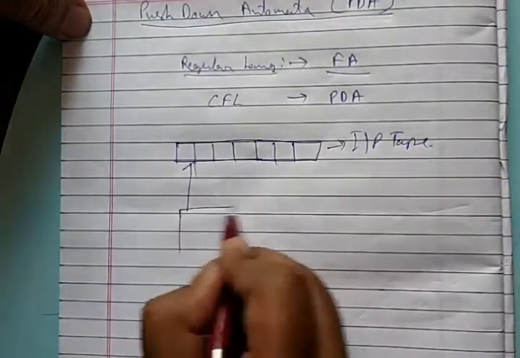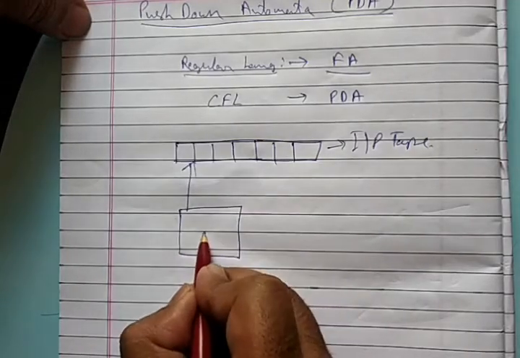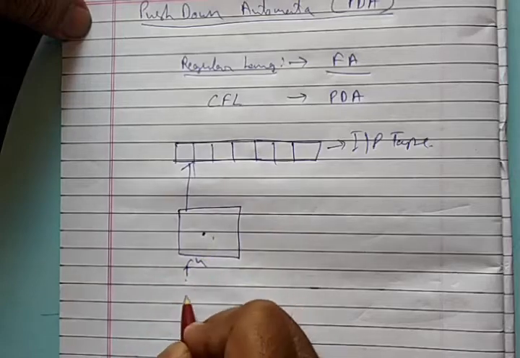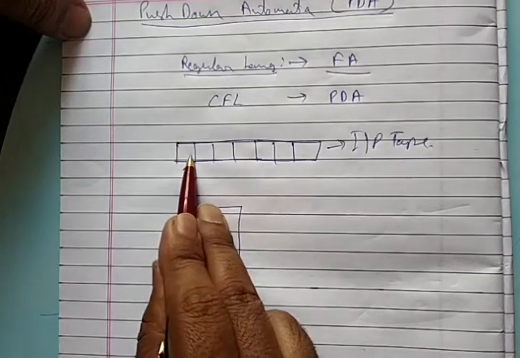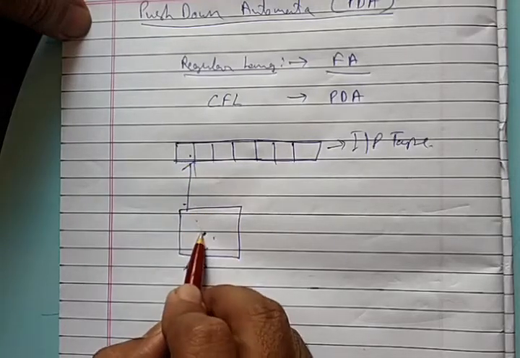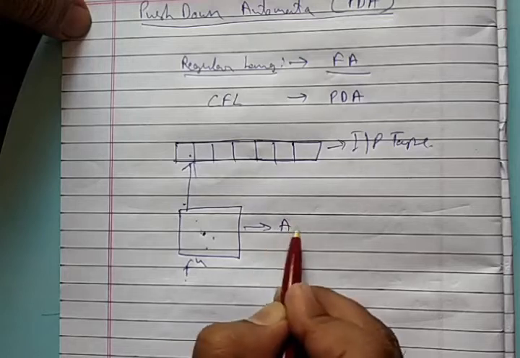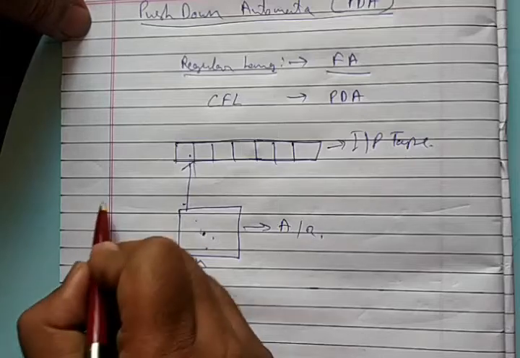And there is one black box where you have all the functioning. Transition functions are defined here, and on the basis of these functions, from the input tape, the machine takes input and processes acceptance or rejectance. That we had picked with respect to finite automata.